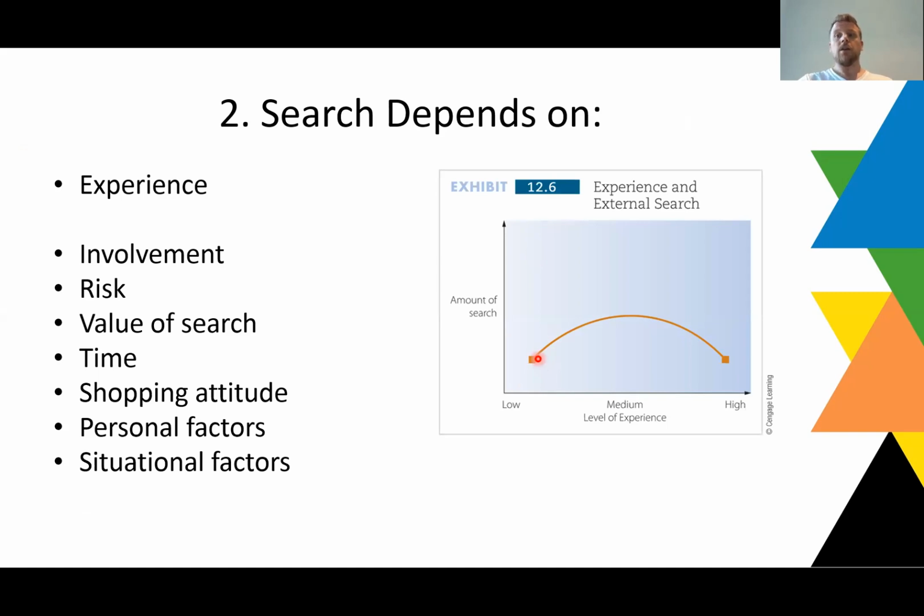And even if I search on my PC about cell phones, if I don't know about cell phones, I might not understand product tests, and I might not understand the features and specifications of it. So if I don't know anything, I might not search that much and just ask somebody, hey, I don't know anything about this. Can you help me? Okay, I'll buy this. While if we have some experience, we might search a lot more, right? Because we understand things, we are aware of things, and we are interested in searching that.